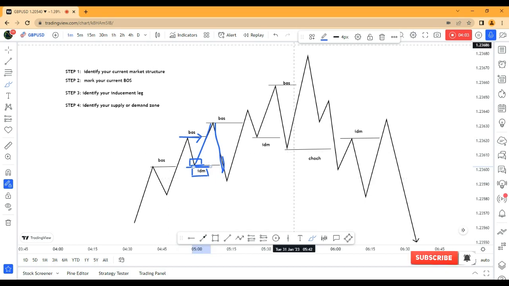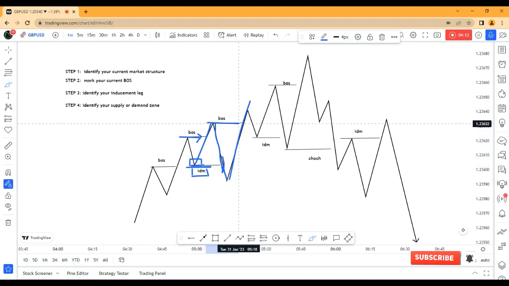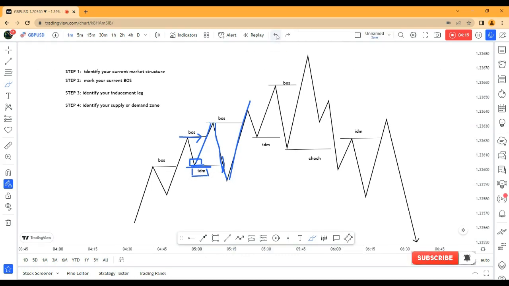All right, so when price gives this inducement leg, what happened is it sweeps out liquidity to the downside and then moves to the upside. That causes another new break of structure. All right, so it's the same thing repeating itself at this particular point.